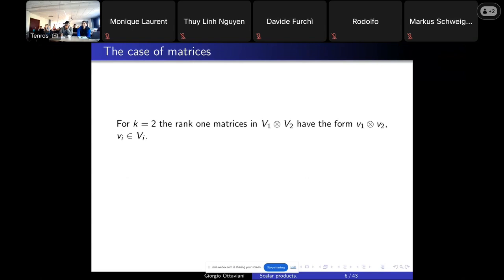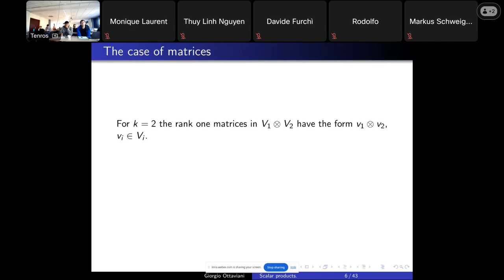Because when the number of factors increases, there is a qualitative behavior that is completely different. So if something works for matrices, you never have the guarantee that the same thing works forever. And let's show why this happens.